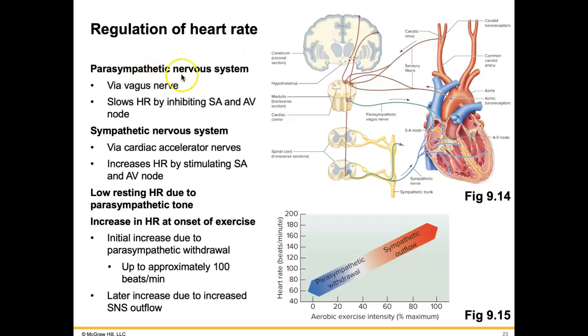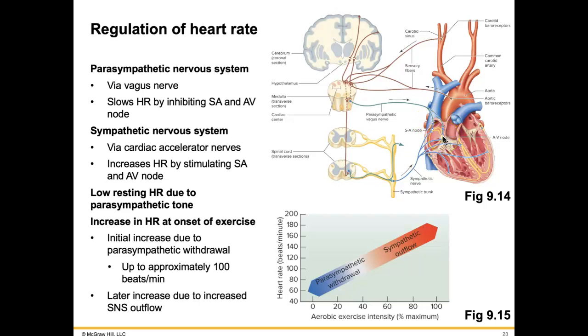So the vagus nerve is a cranial nerve, and that nerve is going to come off of the medulla. If we look at the brainstem, and you could see it in the blue over here, and it's reaching over, and you could see that it ends here in the heart at the SA node and the AV node.